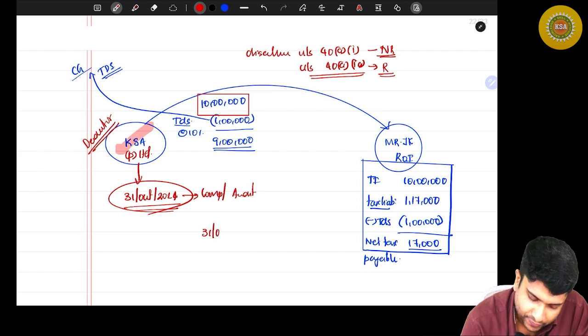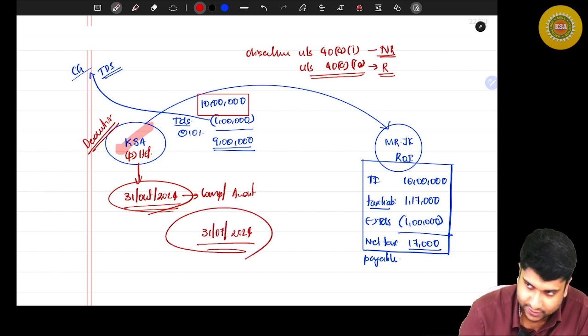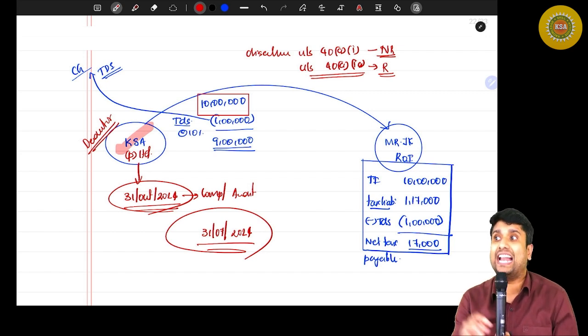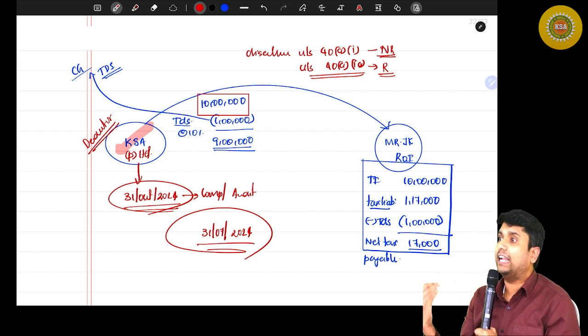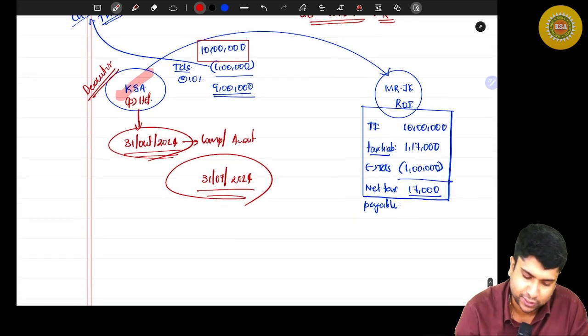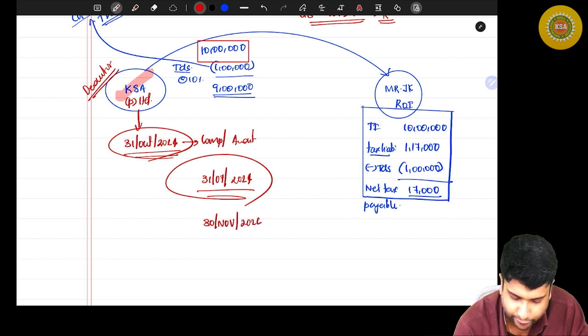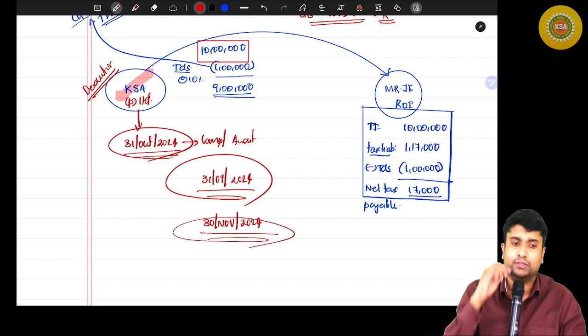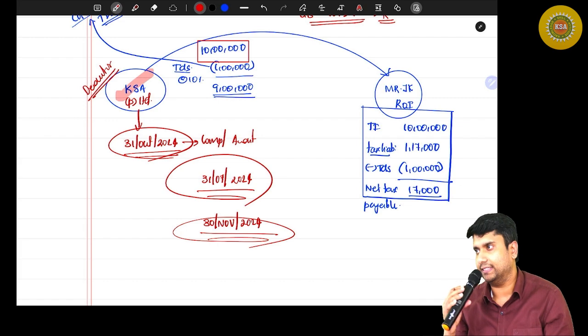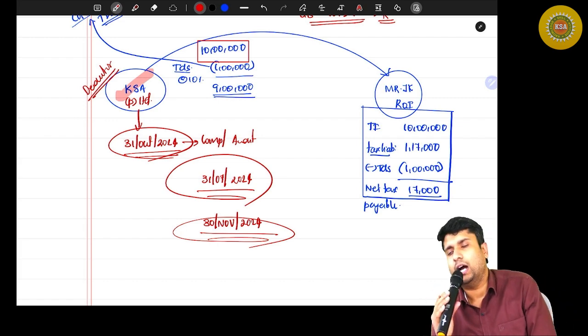Normal person, 31st July 2024 for a non-audit person. Now, if you are subjected to transfer pricing audit, TP audit, the 92E audit report, then 30th November of 2024. These are the three due dates for filing return. Are you with me?